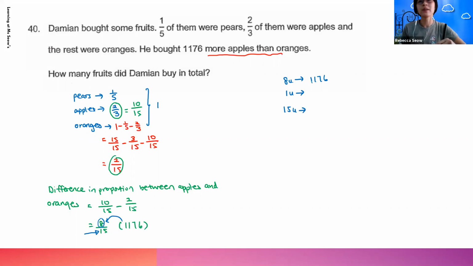Okay, so 1 unit will be 1,176 divided by 8, and that will give you 147. So 15 units, we multiply it by 15 times over, and we will get 2,205. So that's the answer. Okay?